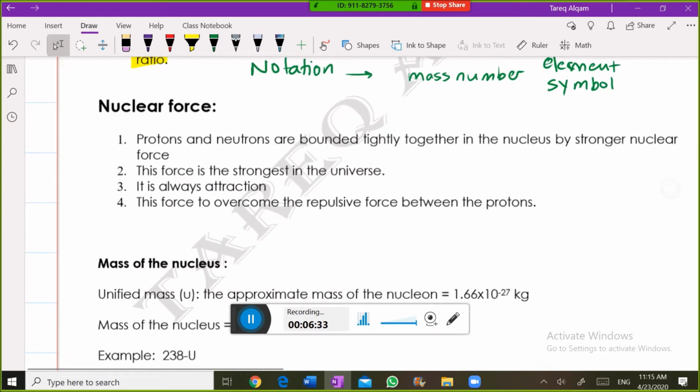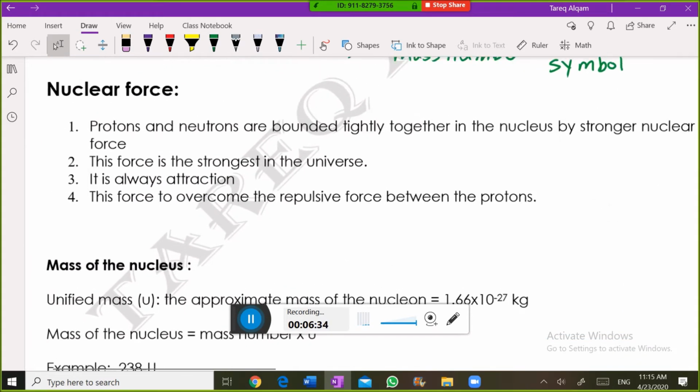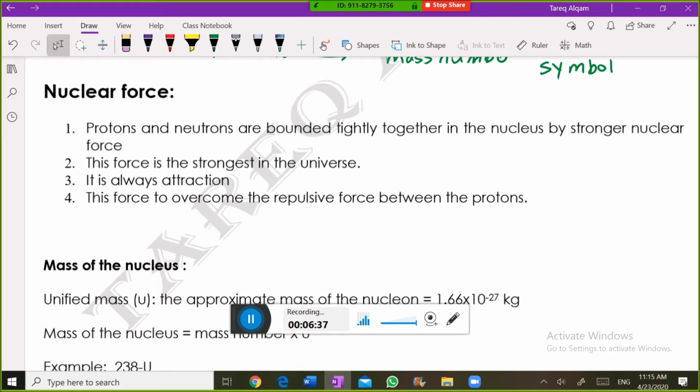Here, guys, there is another concept, which is nuclear force. The nuclear force is a force that is used to hold the nucleus components together, because you know that inside the nucleus we have protons, and the force between the protons is a repulsive force.